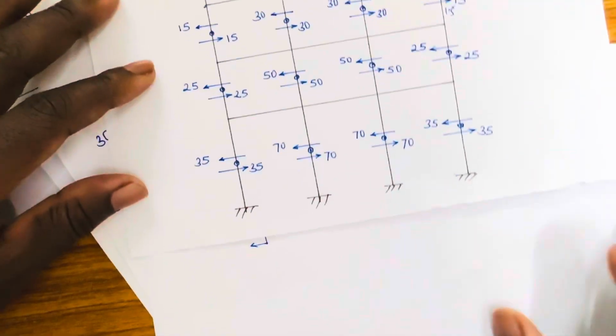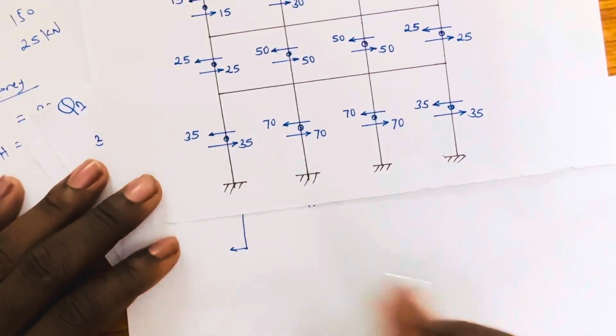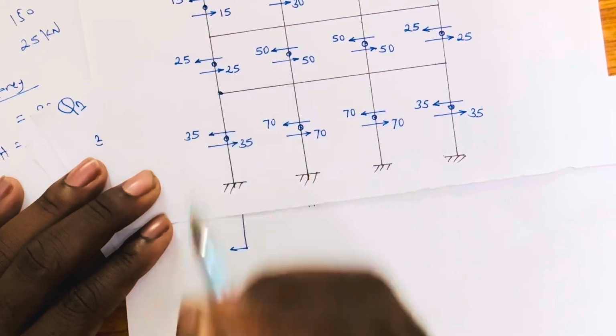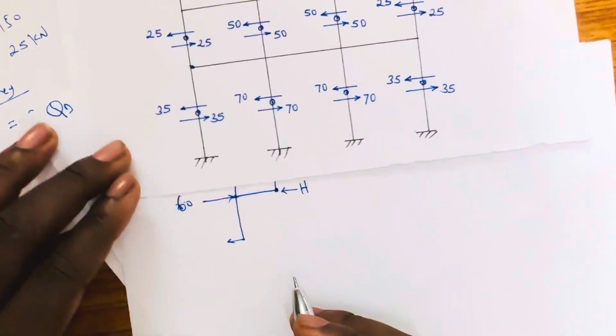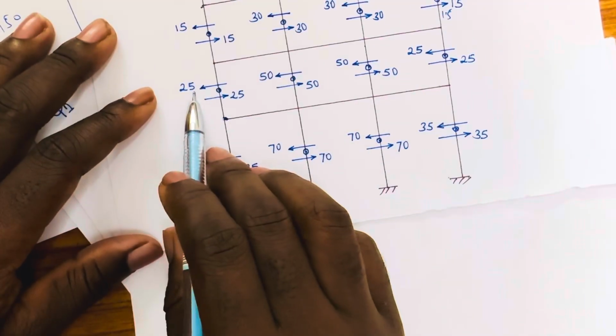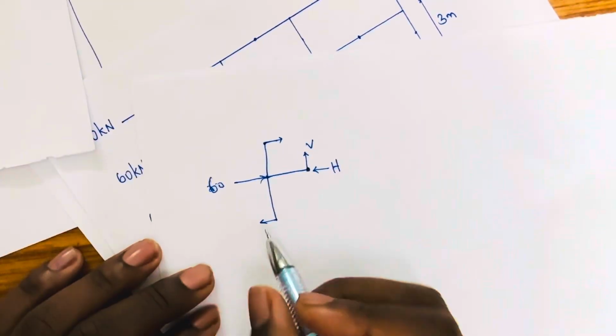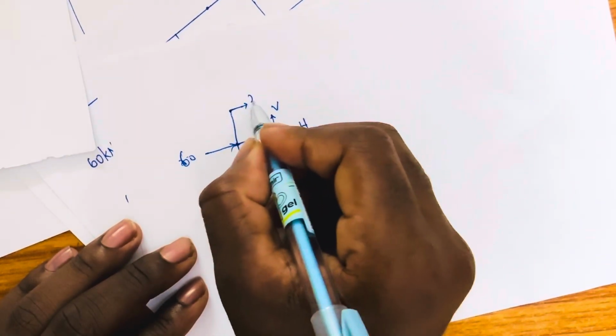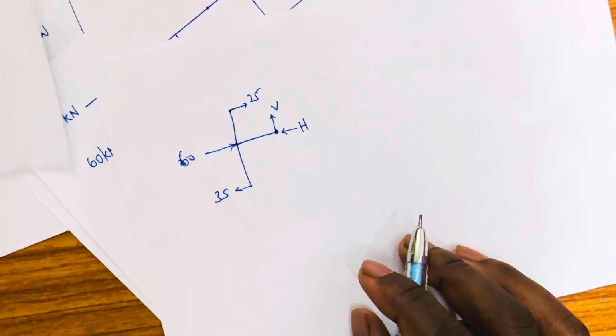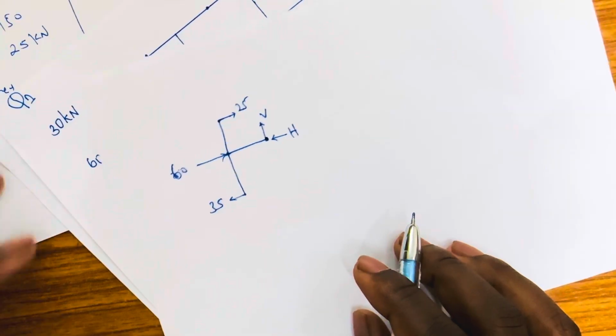Okay, so this is our column. Since we are analyzing at this joint, we have to consider this 35, and then this 25. So this is going to be 35, and this one is going to be 25. Remember the nodes for the column that we did.